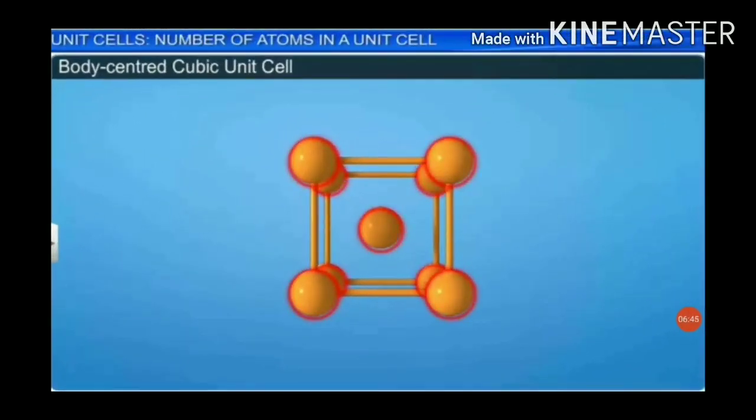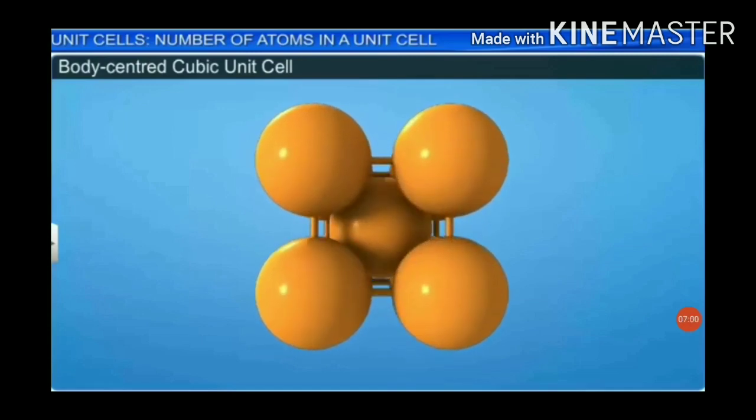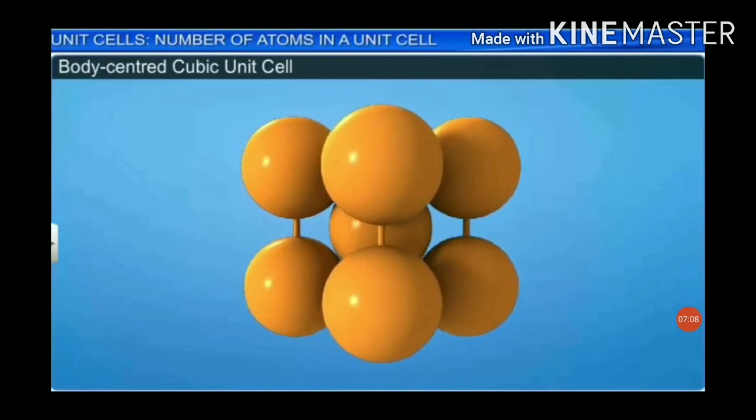Next, we calculate the effective number of particles present in a body-centered cubic lattice, otherwise known as BCC lattice. A body-centered cubic lattice contains one particle at its body center in addition to the particles present at its corners. Now, you can see the space-filling model of atoms.